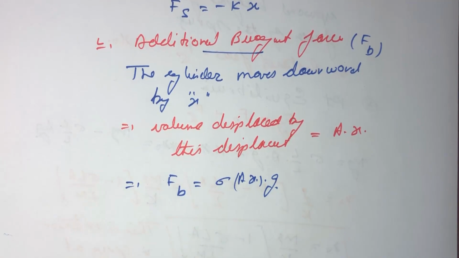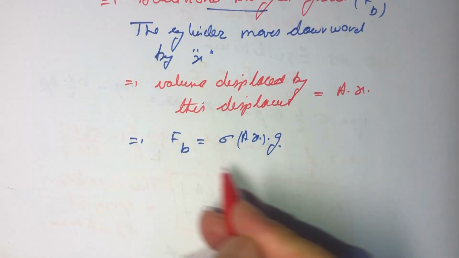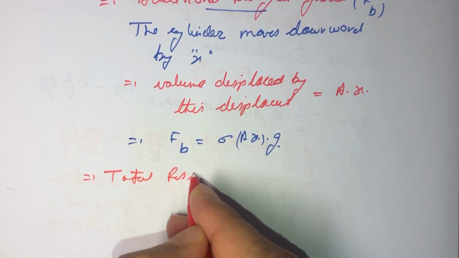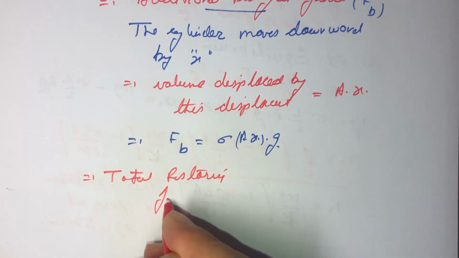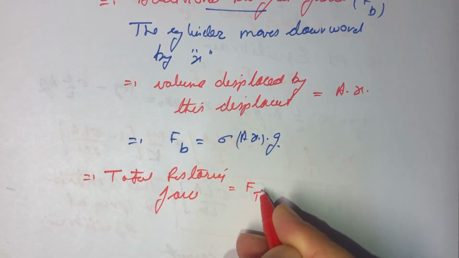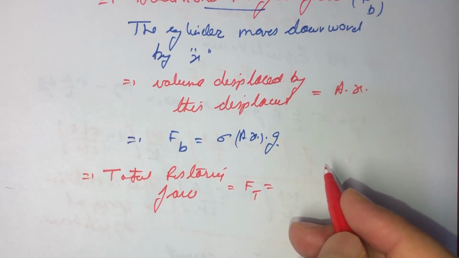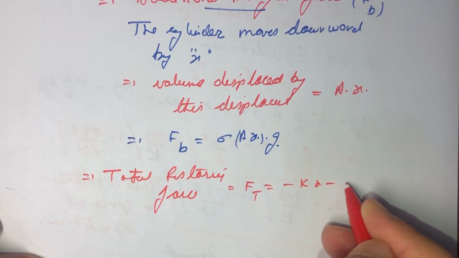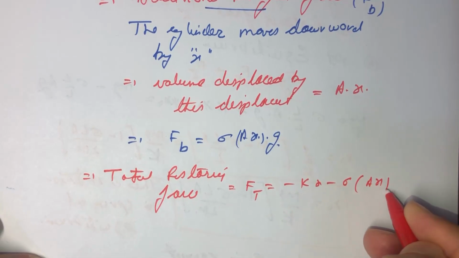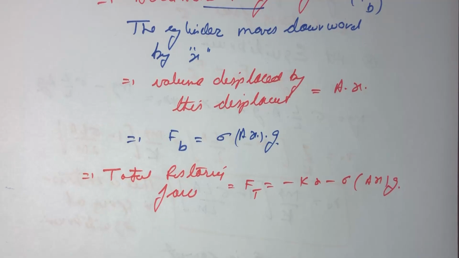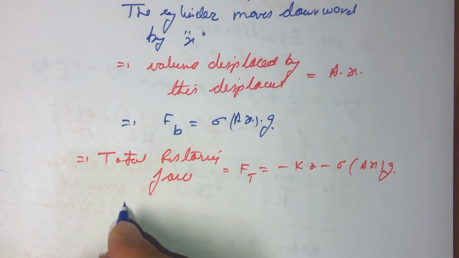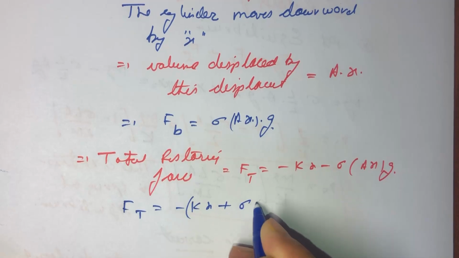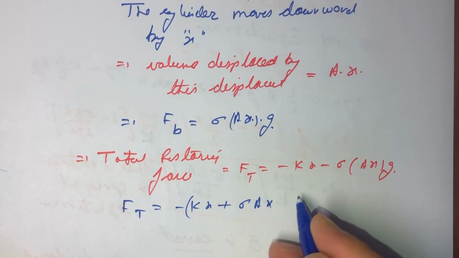So therefore total restoring force, let us call as Ft, will be equal to minus kx, and this will be minus sigma A x g, and taking minus common, we get Ft is equal to minus k plus sigma A times g times x.